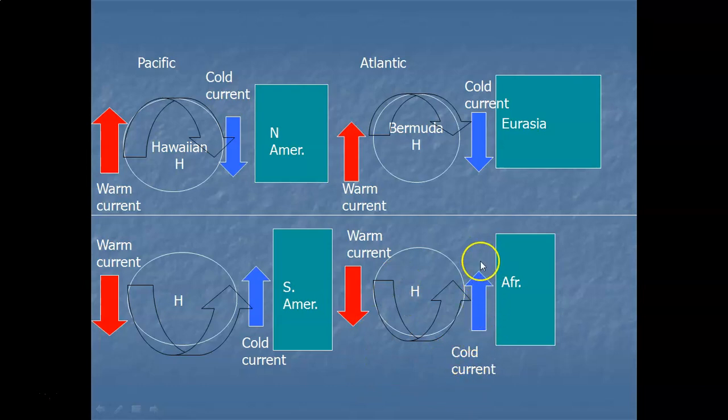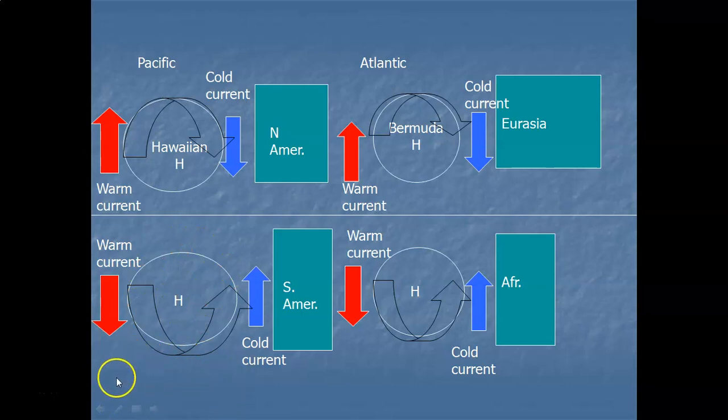And this is called the cold Benguela current. Then we warm it up here in the tropics, and we've got the warm Brazil current being brought from the equator southward.